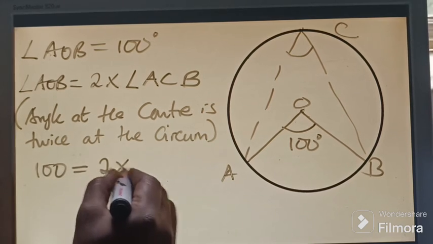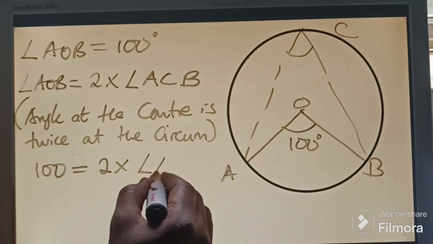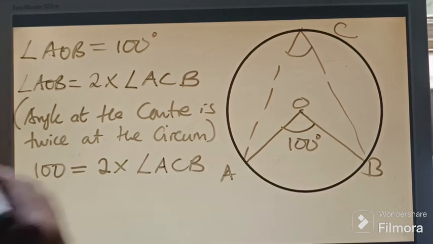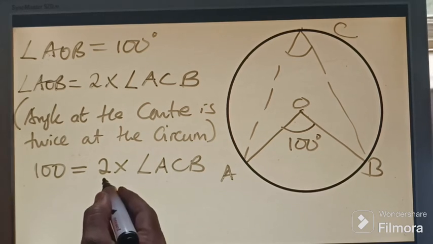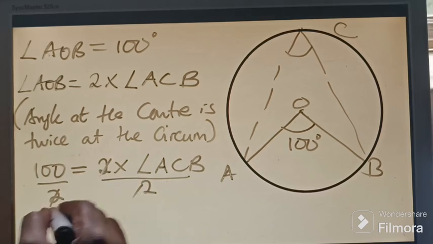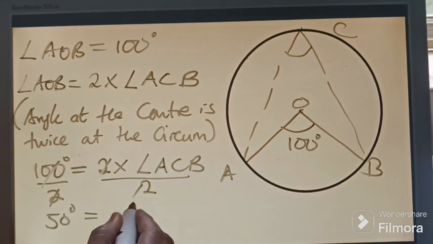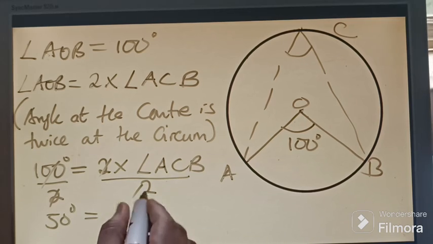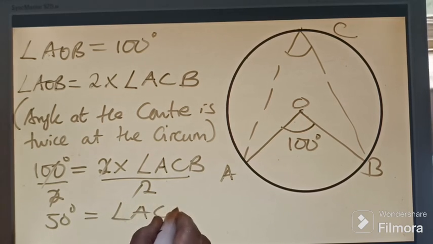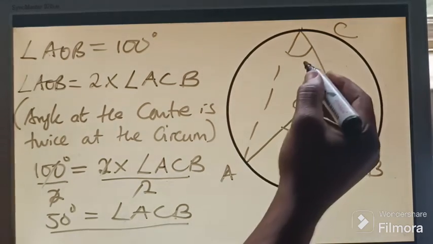We have already established that AOB is 100, so 100 is equal to 2 times angle ACB. Now dividing both sides by 2, 50 is equal to angle ACB. So ACB is 50.